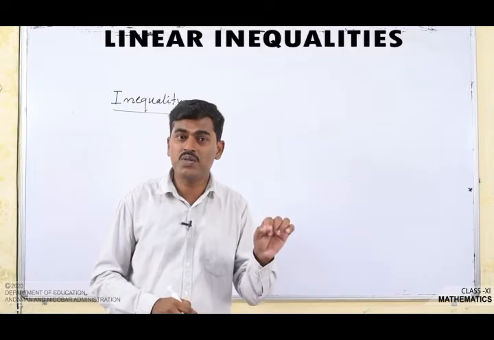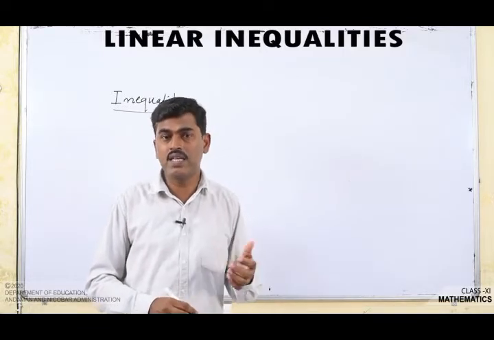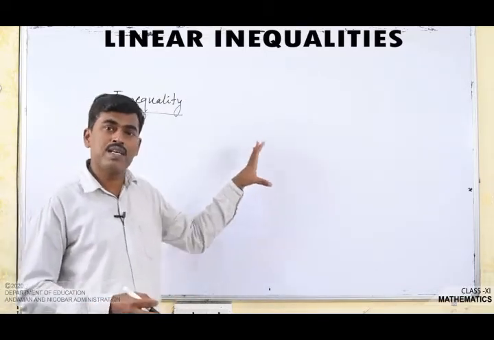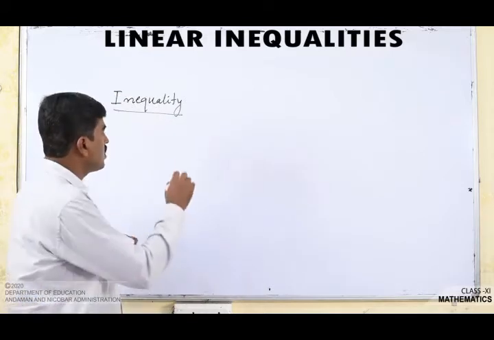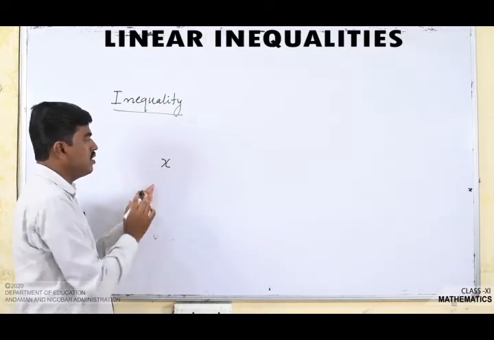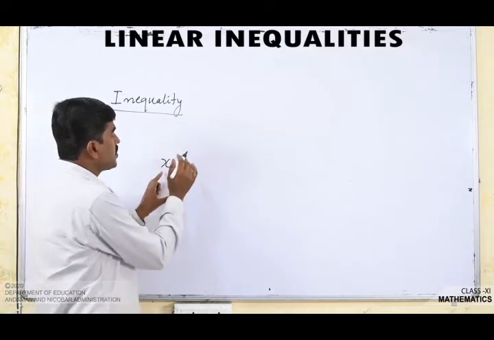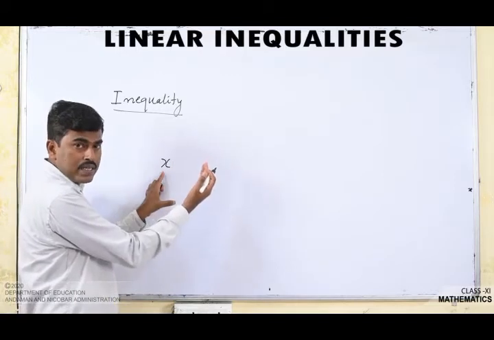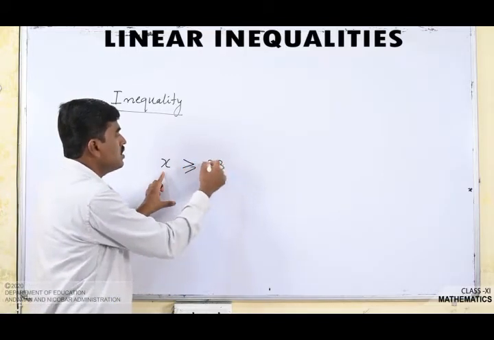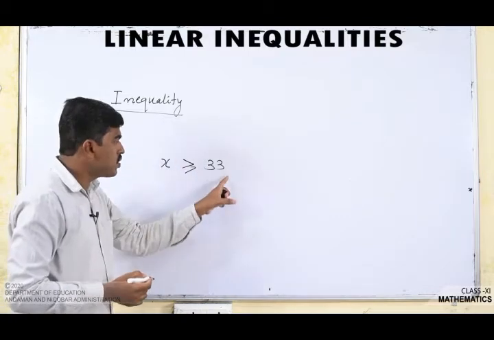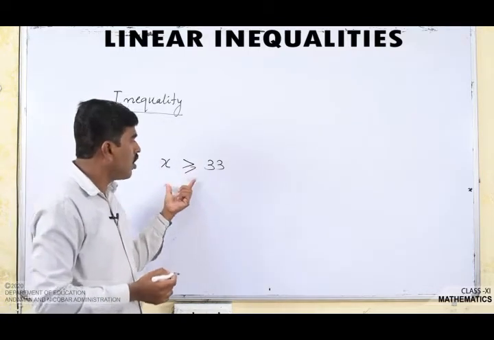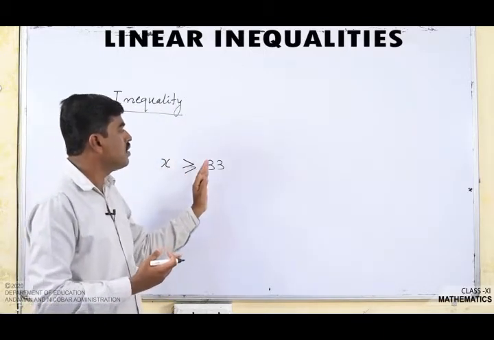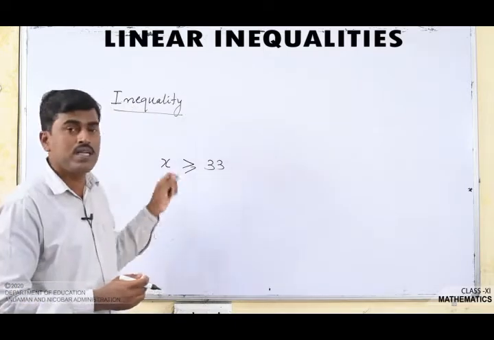At least means minimum, kam se kam. That means if your marks is x, then it should be greater than equal to 33. Okay. So it is also an inequality, that means you can obtain more than 33 marks. So x is greater than equal to 33 is also an example of inequality.